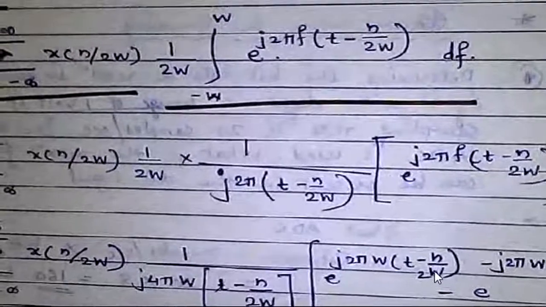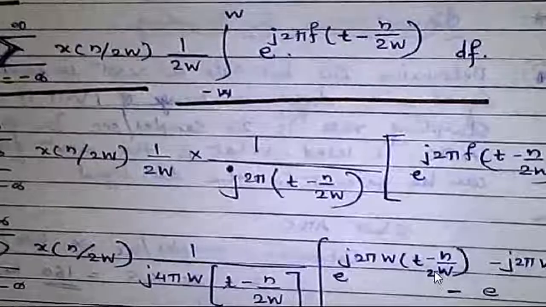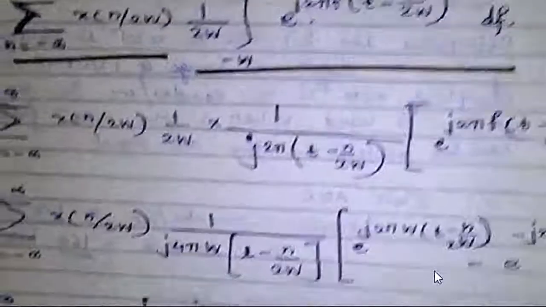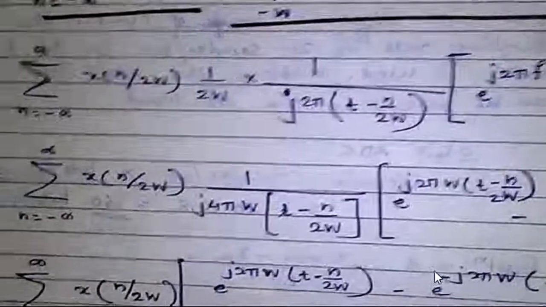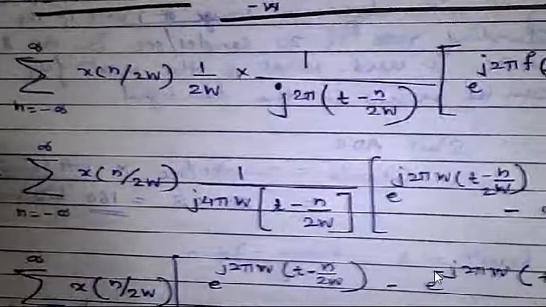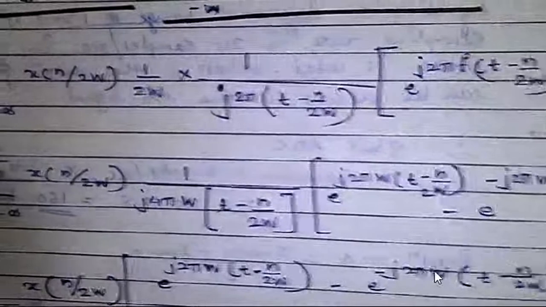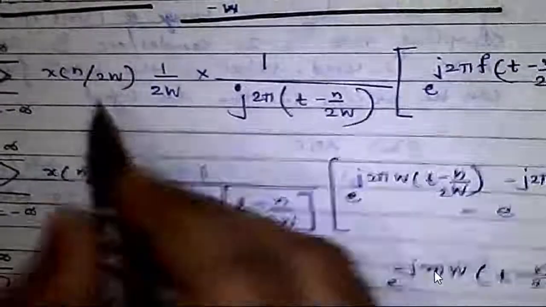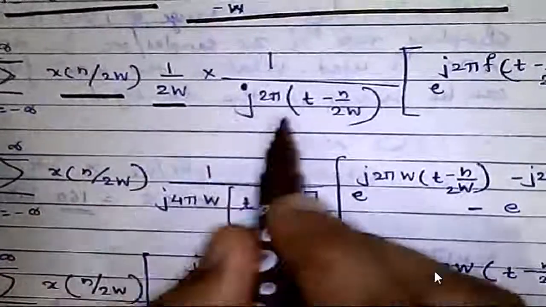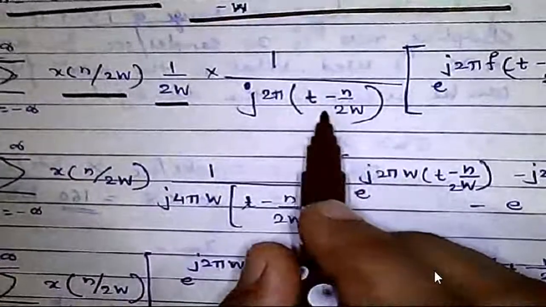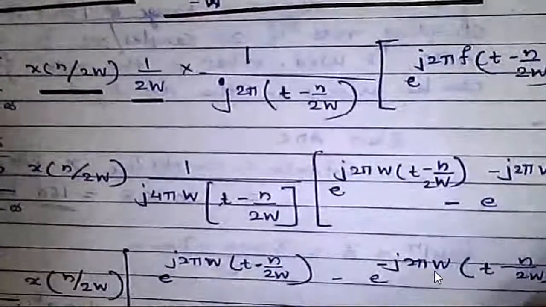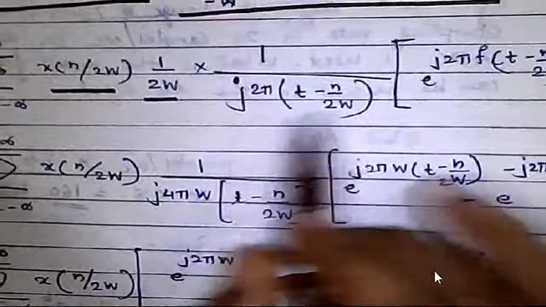Now further, the expression can be simplified. Summation part, I will just put it over here. This is the summation part, x of n by 2W into 1 upon 2W. Let's rearrange by finding the integral for this term.